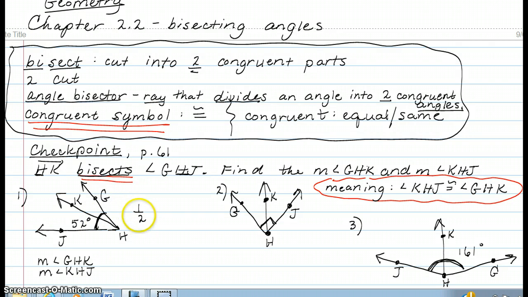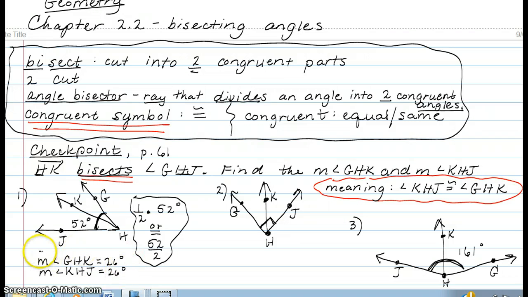So you're going to take half of 52, or half times 52 degrees, or you could just go 52 degrees divided by 2. Well, we know that half of 50 is 25, and half of 2 is 1, so 25 plus 1 is 26 degrees. So both of these are going to equal 26 degrees. So they are congruent. The angle bisector means that you're going to have two congruent angles.